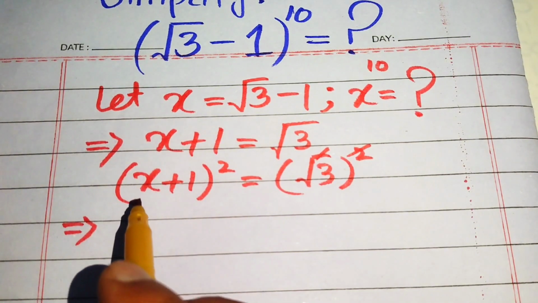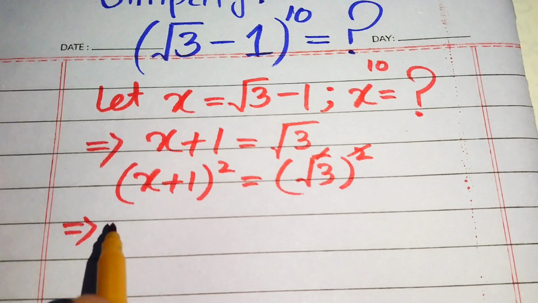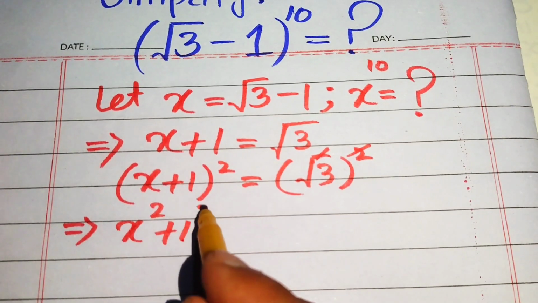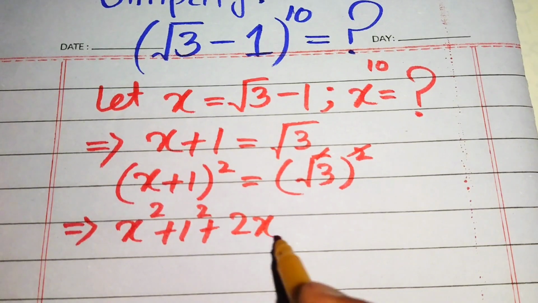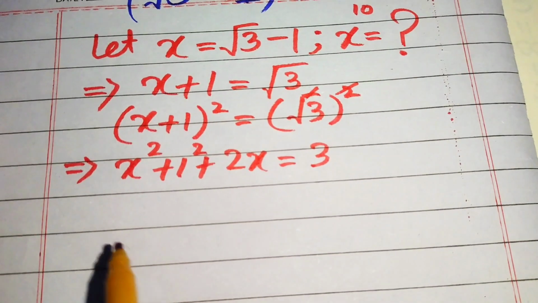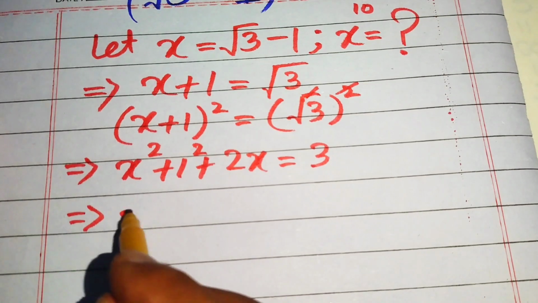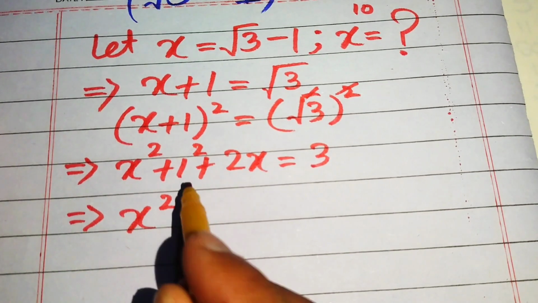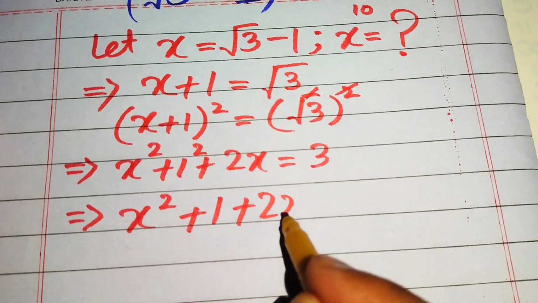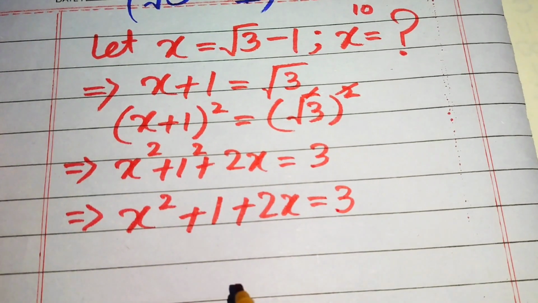The square of x plus 1 is equal to x square plus 1 square plus 2x, which equals 3. So we need more simplification, and we write it as x square plus 1 square, which is 1, plus 2x, and this whole thing equals 3.